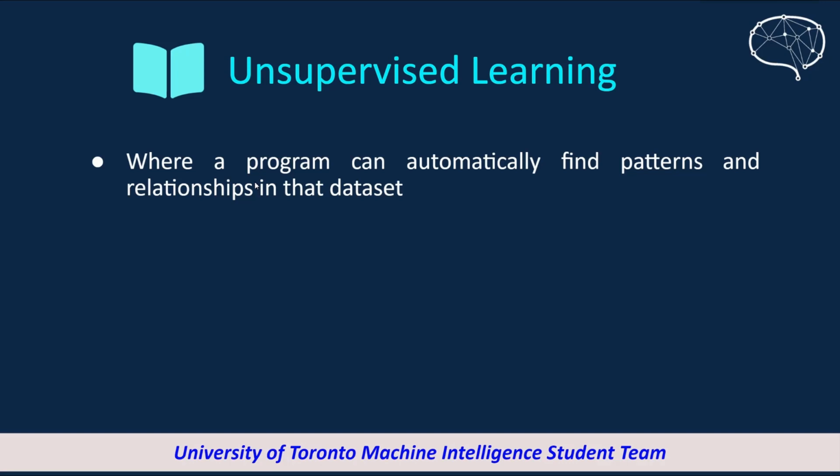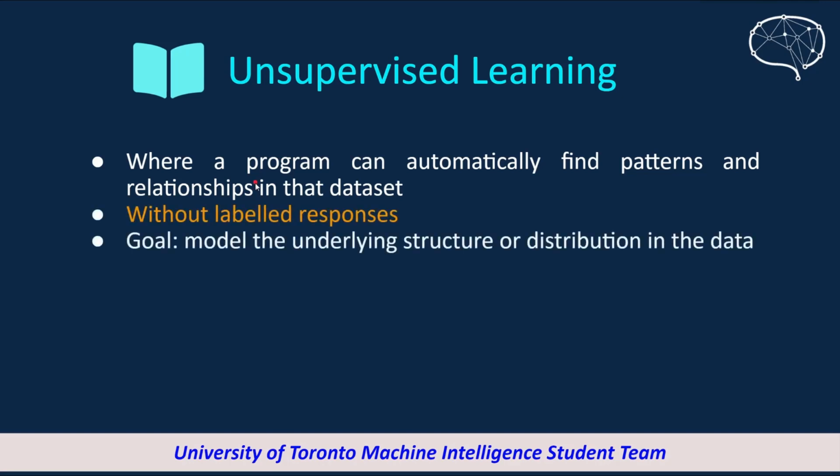So unlike supervised learning, it doesn't have any labeled responses. The goal of unsupervised learning is to model the underlying structure or distribution in the data in order to learn more about the data. Clustering and association are some of the unsupervised learning subcategories.